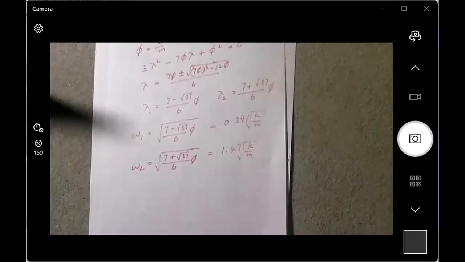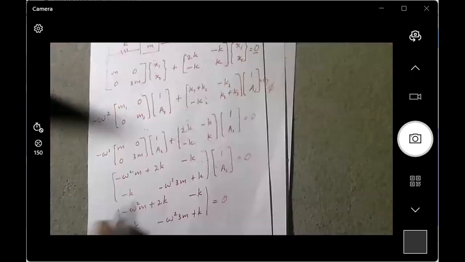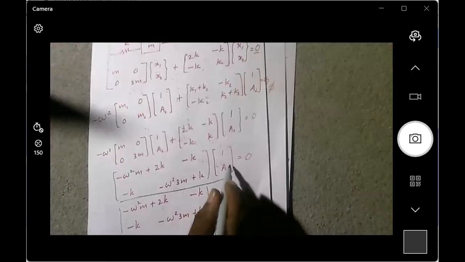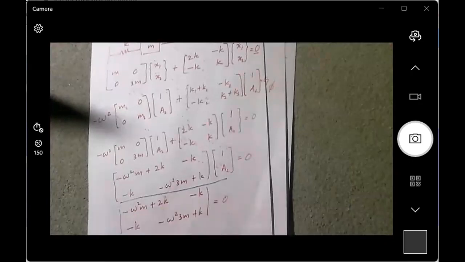Now we have omega 1 and omega 2. So put these values in our equation that we got from the matrix here. This one. Use this line to find the value of A2.